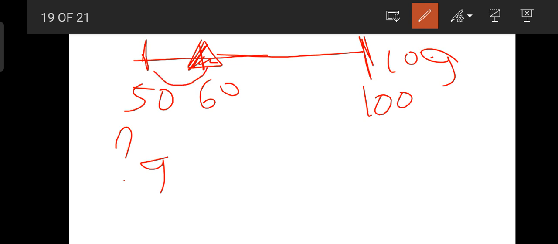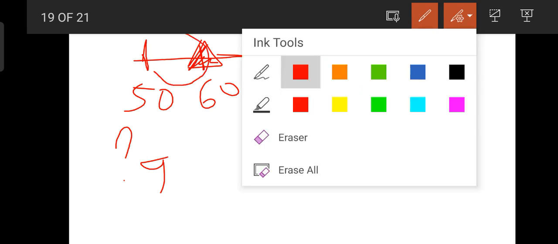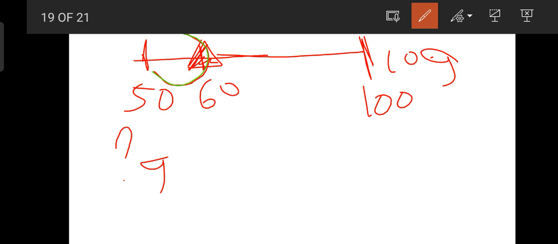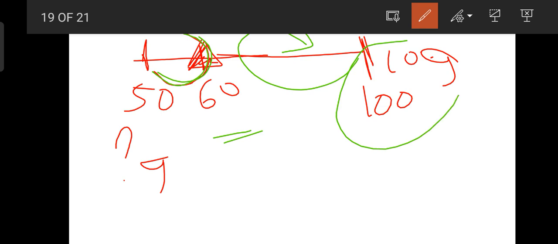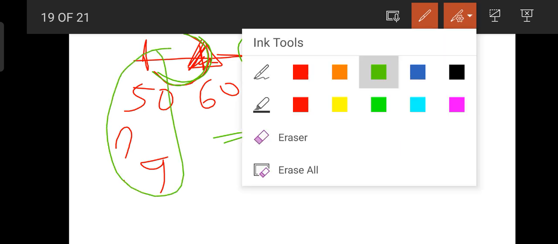Now this moves anti-clockwise, and this moves clockwise. So the sum of the anticlockwise moments is equal to the sum of the clockwise moments.